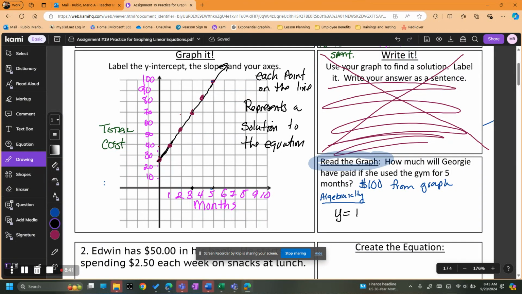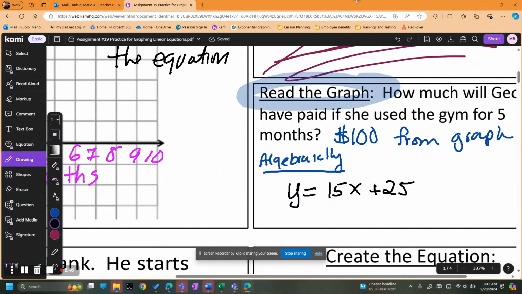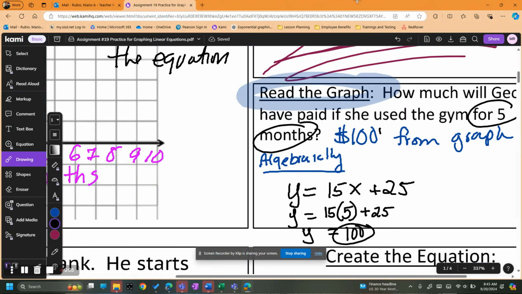Y equals 15x plus 25. It's asking for 5 months. And we know x represents months. So we substitute the 5 for x. And then that's going to equal 100, which is the same answer that we got from looking at the graph.